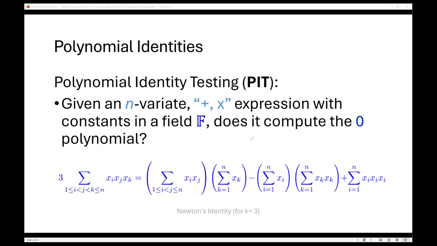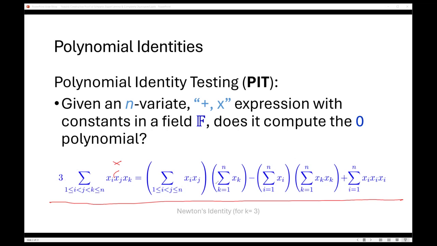And the question is whether this expression computes the zero polynomial. Here is an example. This example is just an equation between two algebraic expressions. This means times here, implicit times, and this is a big sum, times 3.